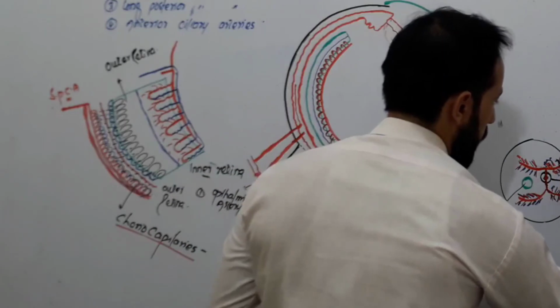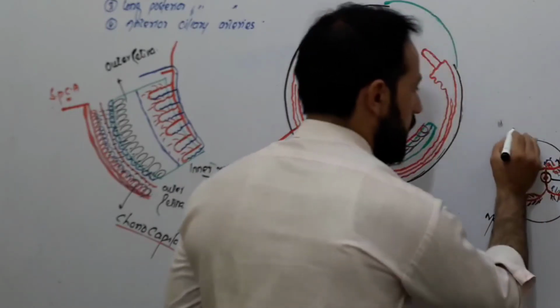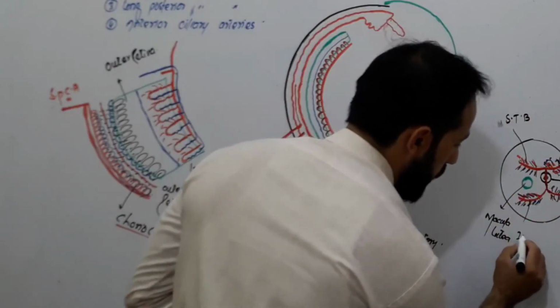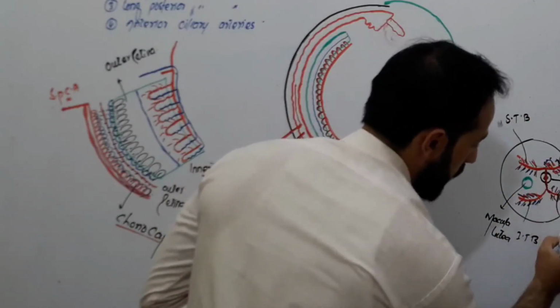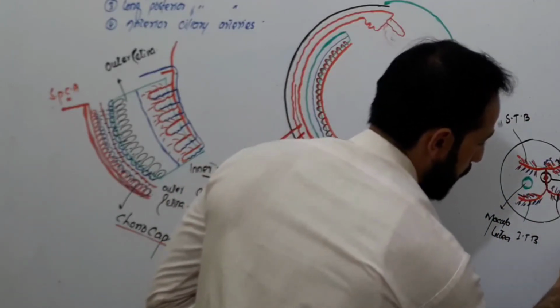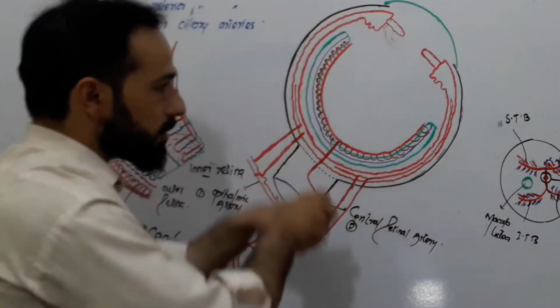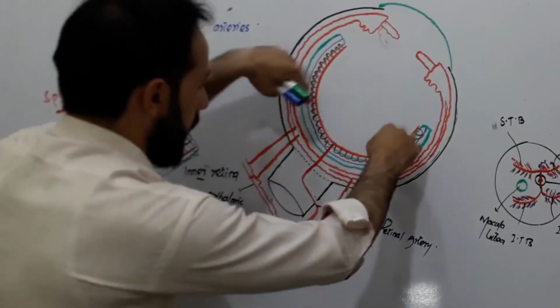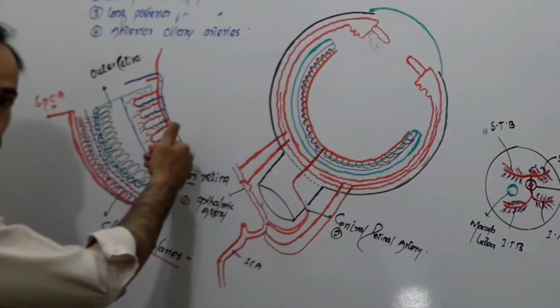So this is the superior nasal branch, and this is the superior temporal branch. This is the inferior temporal branch, and this is the inferior nasal branch, and they will distribute into the ocular fundus, and they will supply blood to the inner retina like this, right?